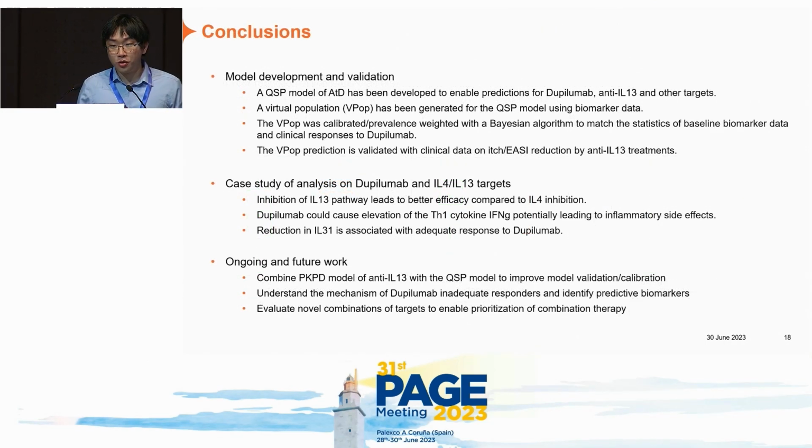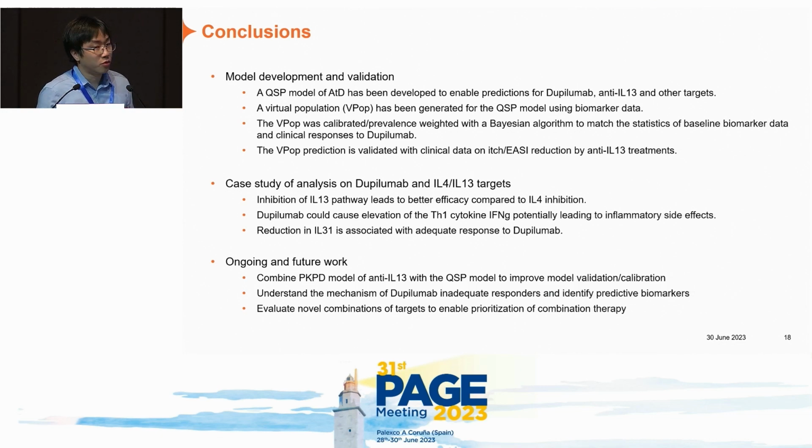So to conclude, we have developed a QSP model of atopic dermatitis, and we have generated a virtual population for that. And we calibrated and validated the model with baseline data and also dupilumab and anti-IL-13 data.